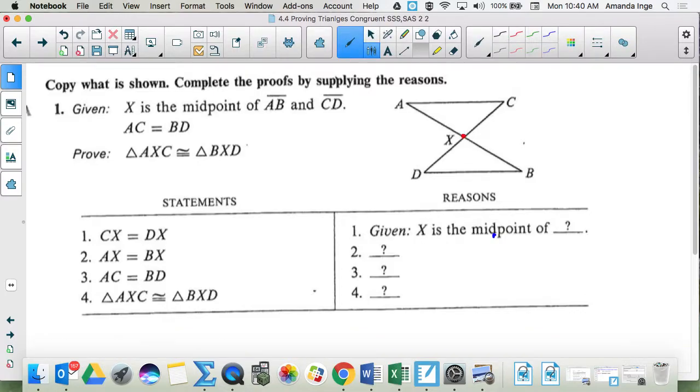So that's telling you this piece is equal to that piece and this piece is equal to that piece. So CX would be midpoint of CD. AX, given, X is midpoint of AB.